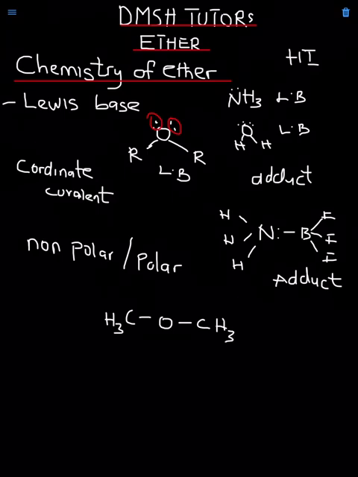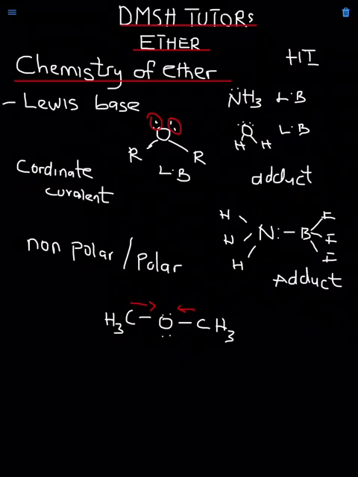What makes ether polar is that there is a dipole moment. So there's a dipole moment in ether. That's why ether is polar, because of the oxygen-carbon bond. And ether is also non-polar to some extent, because there is so much alkyl group.